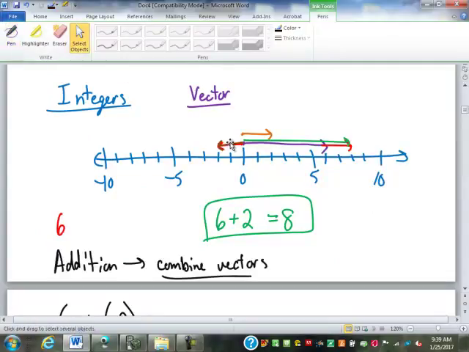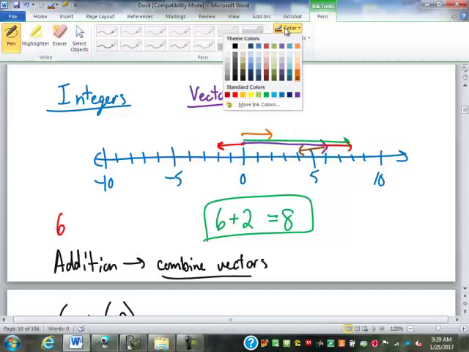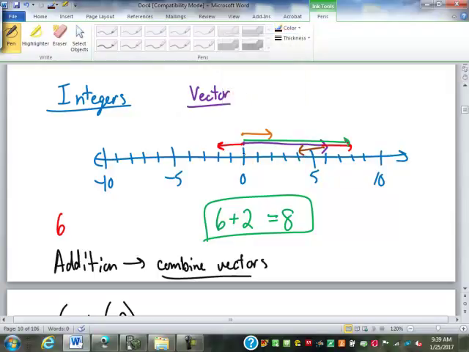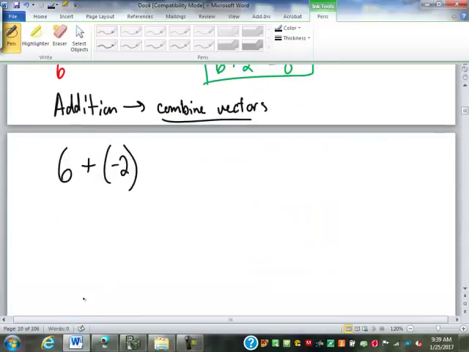Let's try that again. Move that vector to combine it with my 6, I end up with that. Now the two of them combined, they actually work against each other, and I end up with a total vector that goes from 0 to 4. So 6 plus a negative 2 is 4.